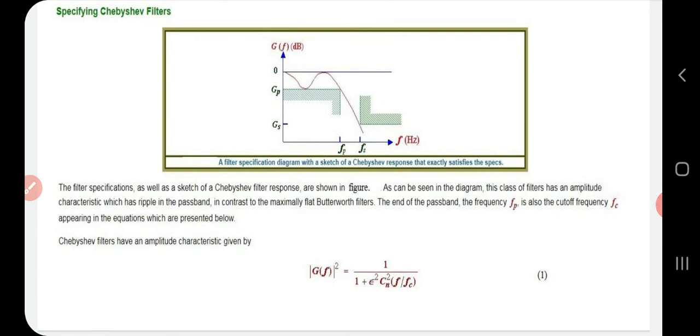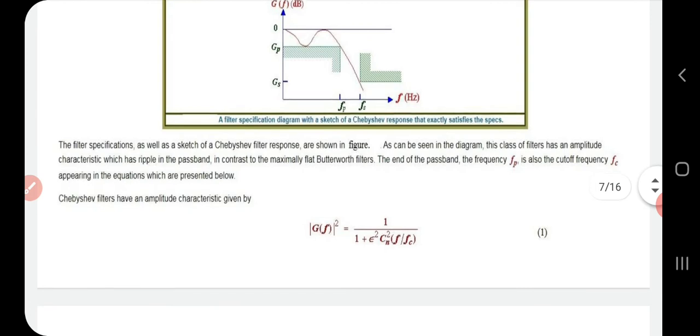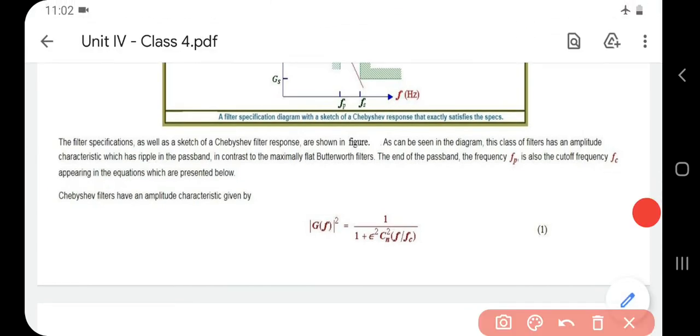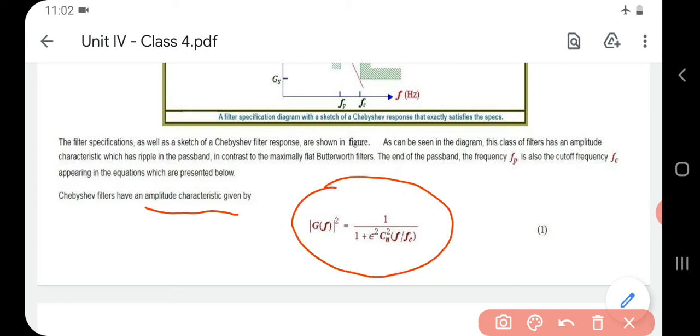Now here there is an expression for amplitude characteristics. We have studied the magnitude response; now this is the expression for the amplitude response of a Chebyshev filter. It is expressed in the general case, not specifically type 1 or type 2.